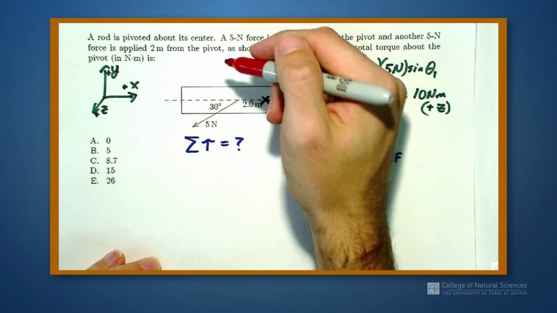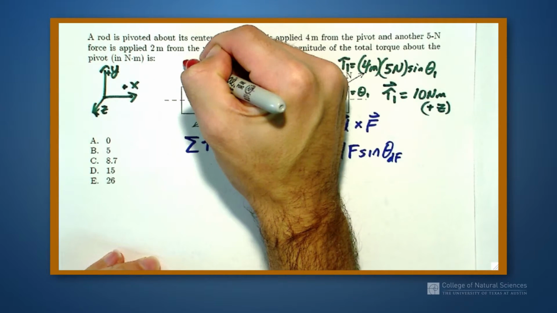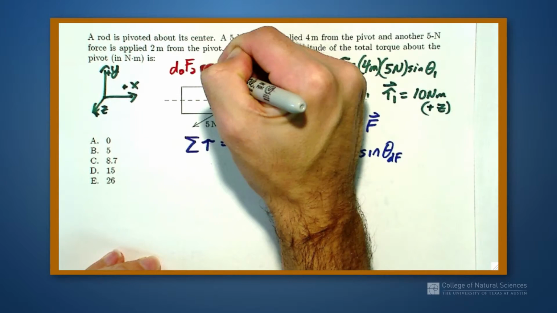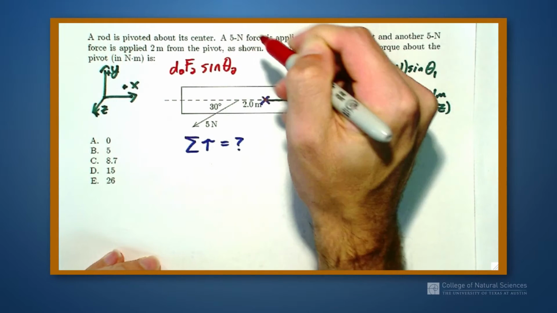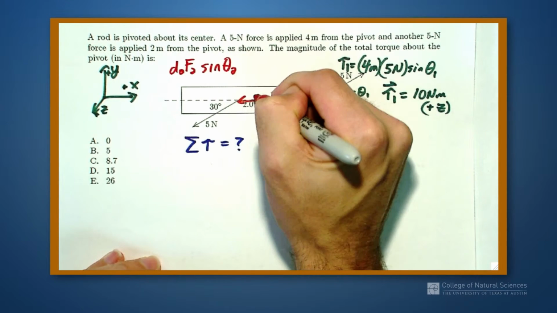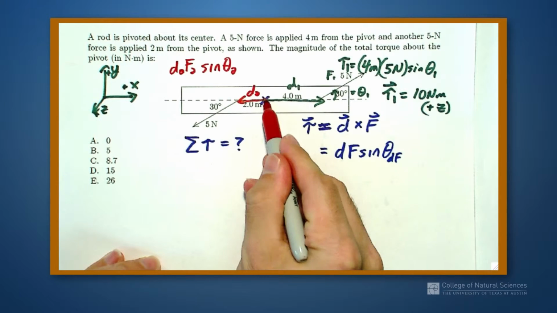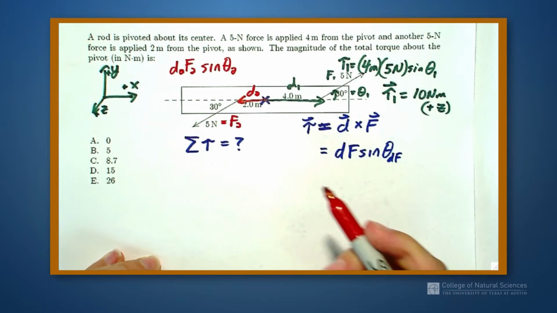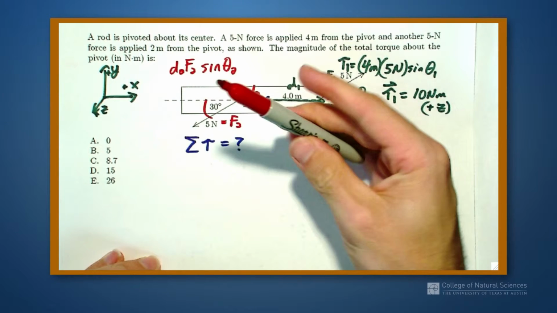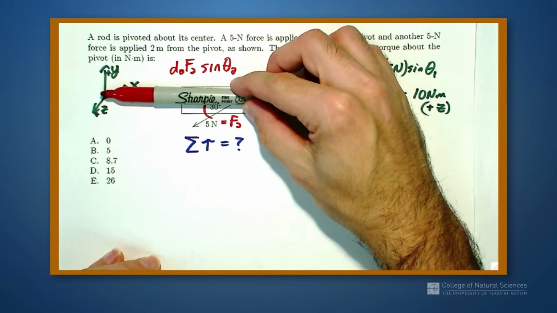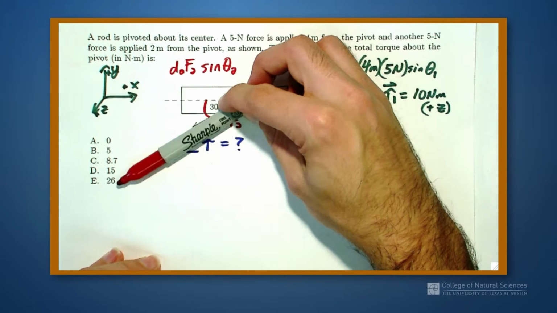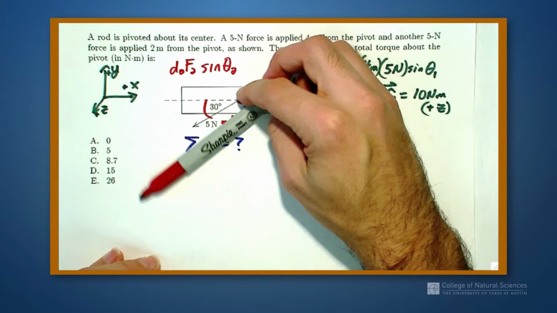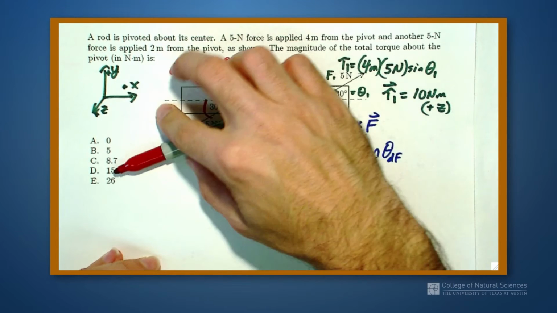All right, let's look at the other torque. This other torque over here is F2 times D2 times the sine of theta 2. D2 points from the axis of rotation to where the force is attached. Our force has a magnitude of 5 newtons, and theta 2 points from the displacement vector direction rotating into the force vector direction. So theta 2 is in this direction.